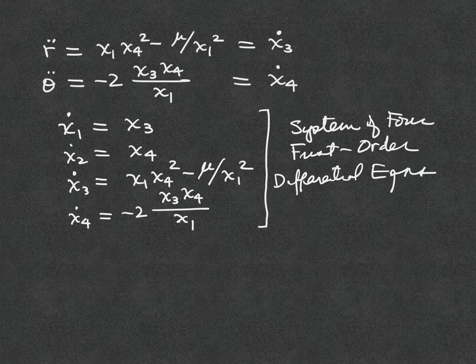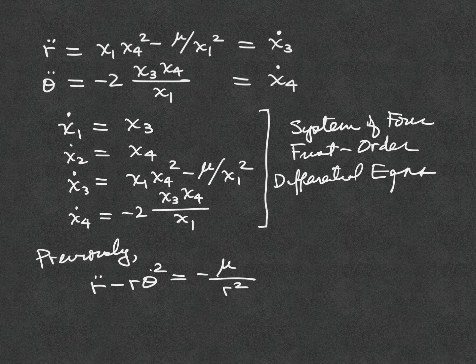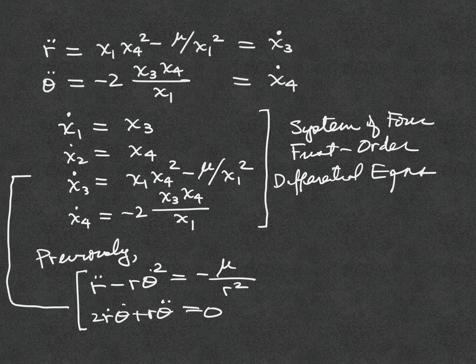Now previously, we had the following system of 2 second order differential equations: r double dot minus r theta dot squared is equal to minus mu over r squared, and 2r dot theta dot plus r theta double dot is equal to 0. So what we did was we took this system of equations and transformed it into this system of equations. It describes the exact same problem.